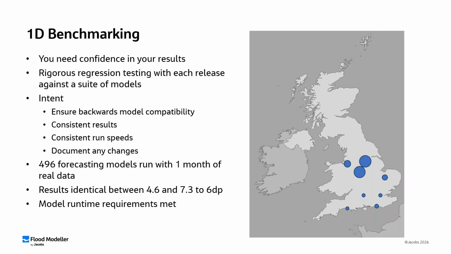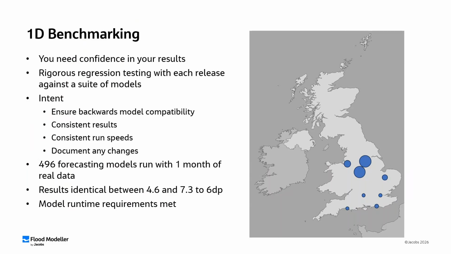We're often asked about benchmarking, about do I get different results from using newer versions of Flood Modeler? And we're often asked for older versions of the software to run old models. Just a point on that, whenever we release a new version of Flood Modeler, we do extensive what we call regression testing. We want to be confident that the results you get from Flood Modeler haven't changed because of the changes we've made under the hood, or the changes are intentional.